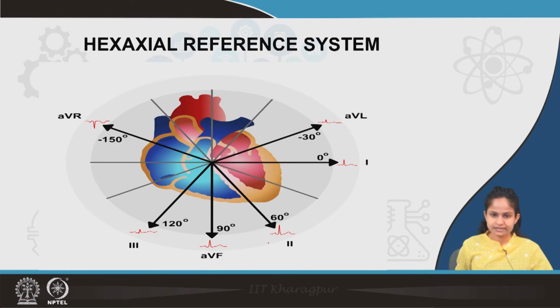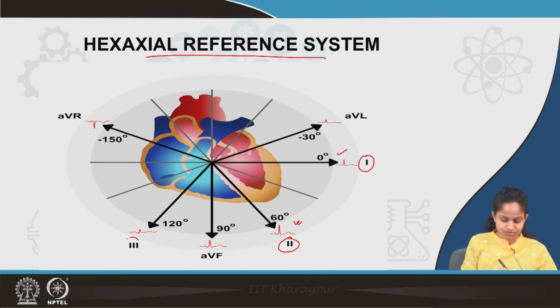So, these unipolar leads as well as the standard limb leads, the 6 leads, constitute the hexaxial reference system, which means they are located at a certain angle. We have already seen lead 1 to be at 0 degree, lead 2 at 60 degree, lead 3 at 120 degree.